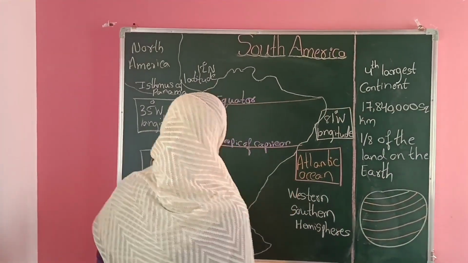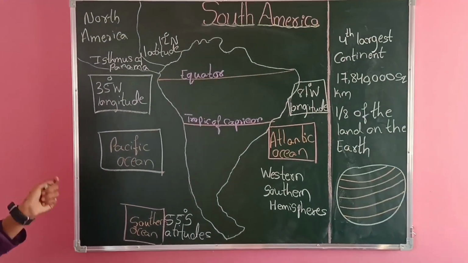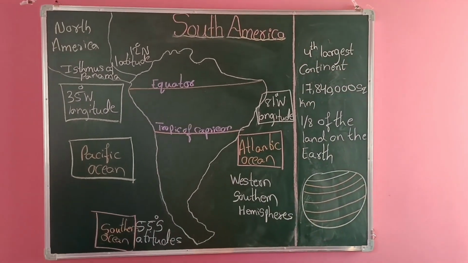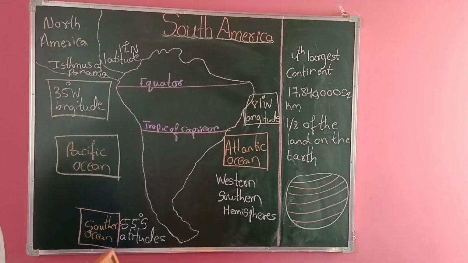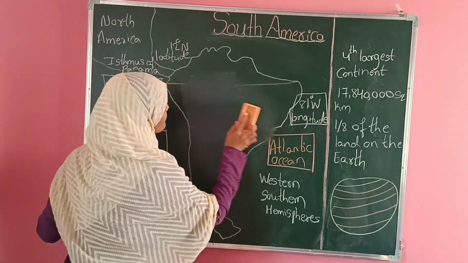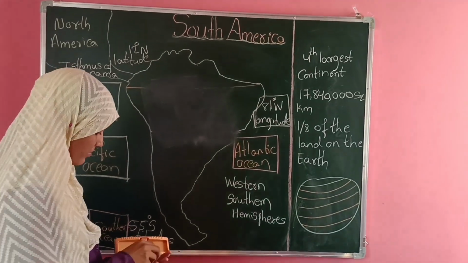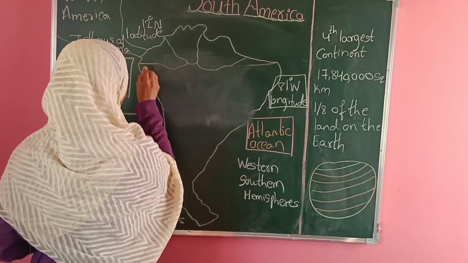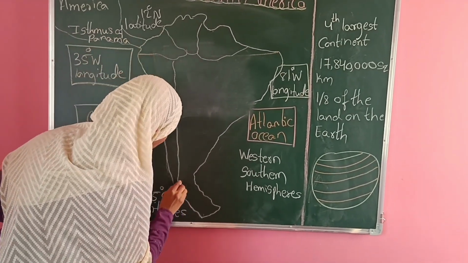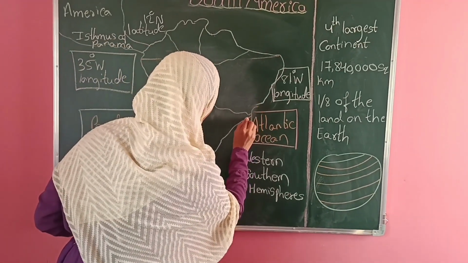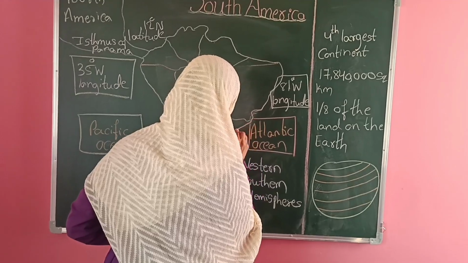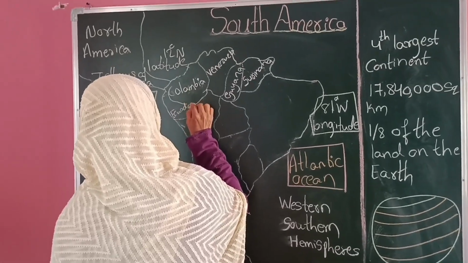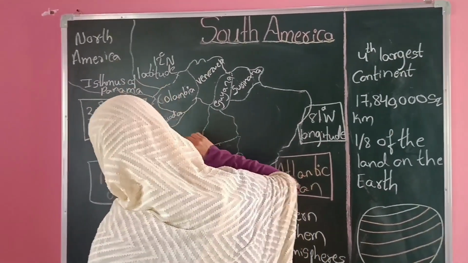Let me erase here. If you want to take a photo, you can take. The largest country of this continent is Brazil. Ecuador is here, and the next country is Peru.